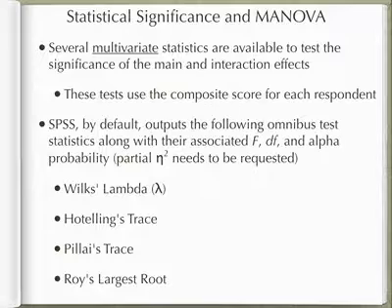So the default reporting statistic is Wilks' Lambda, and there will be a value for lambda, and then an F test associated with that value, and then a level of significance associated with that F and the degrees of freedom that you have for your particular analysis.